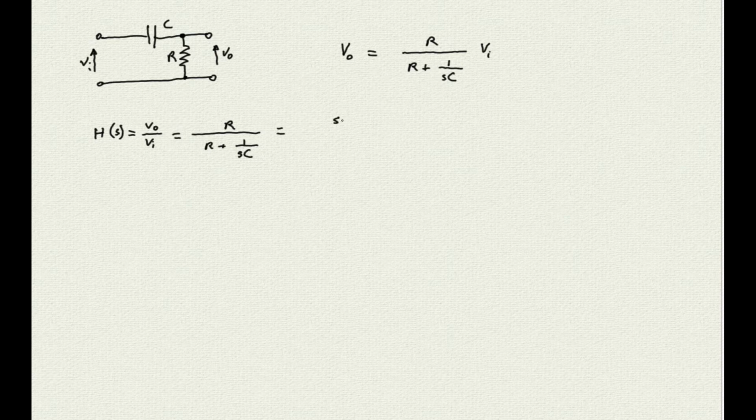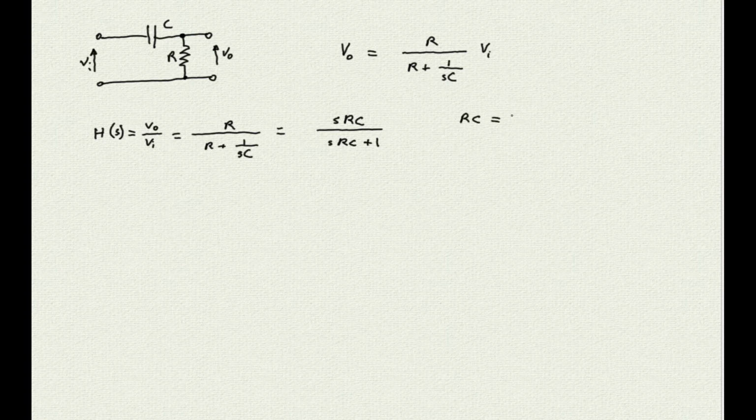We can rearrange this expression to change it in the ratio of two polynomials, N(s) and D(s), by simply multiplying both numerator and denominator by sC. The result is sRC over sRC plus 1.